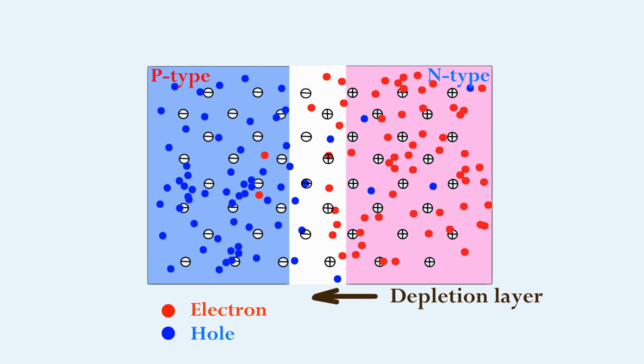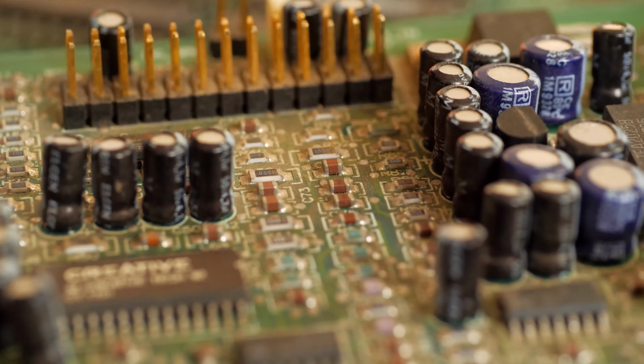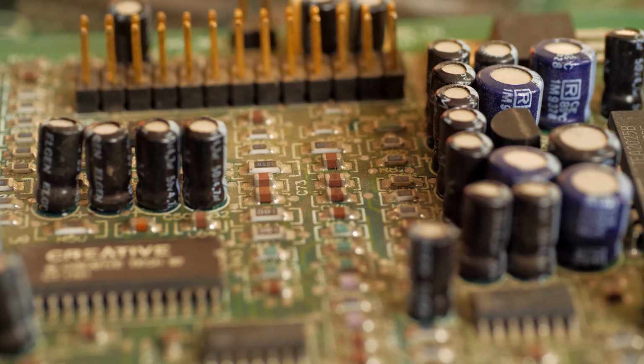The p-n junction diodes are the basis for all electronic devices, not only solar cells, but also other electronic devices like LEDs, lasers, transistors, and many more. When voltage is applied across the p-n junction such that the electric field at the junction increases, such an arrangement is called reverse biased.